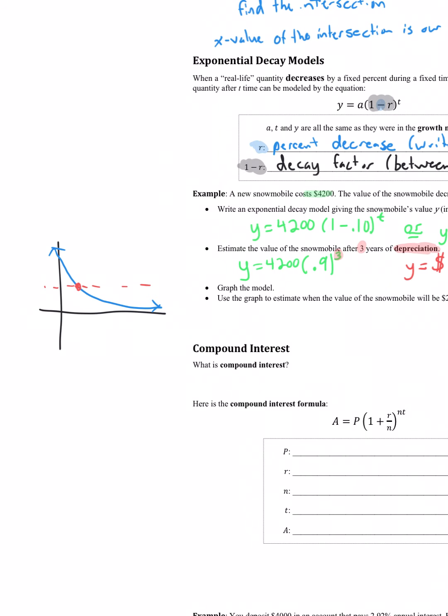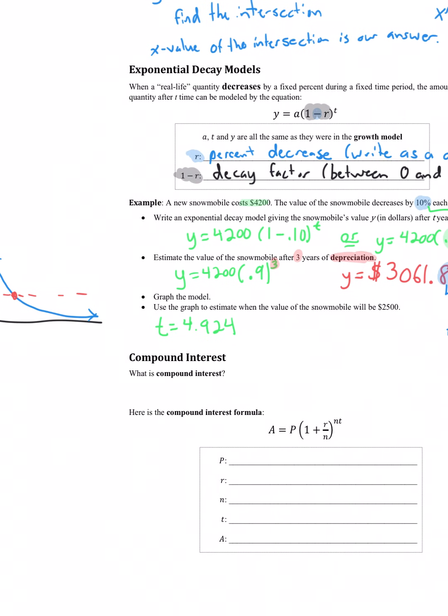And when I actually graph it and look it up, I got t equals 4.924 years, which means, rounding it up, it's going to be about 5 years before the value of my snowmobile equals $2,500. So that's exponential growth and exponential decay.